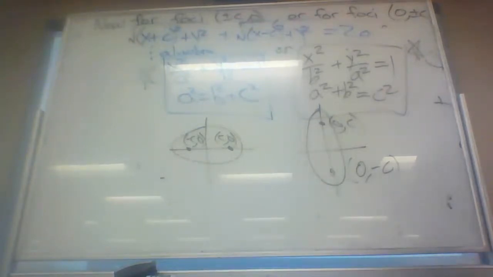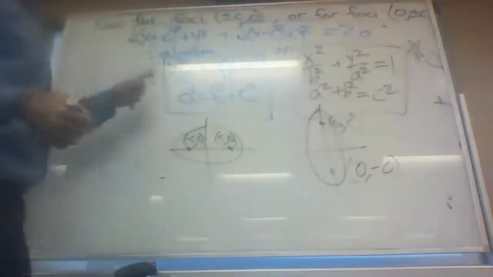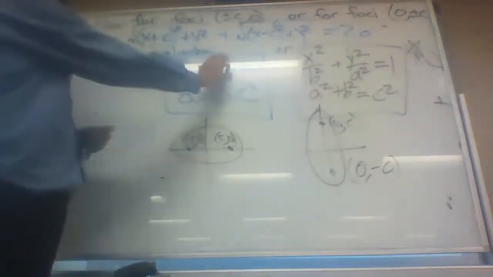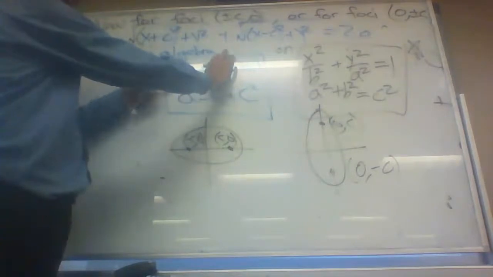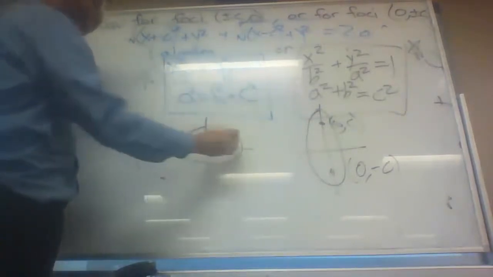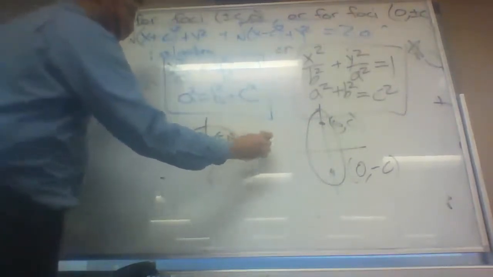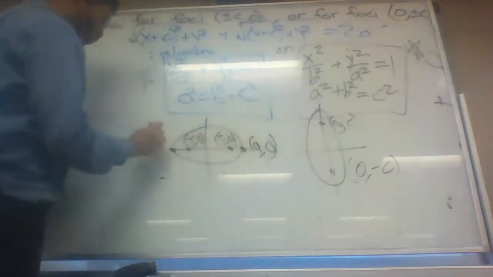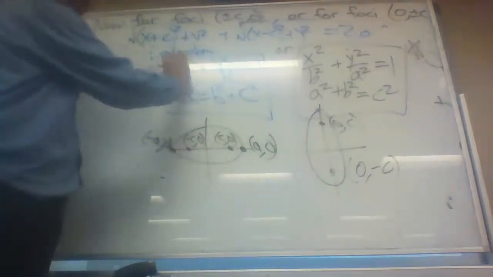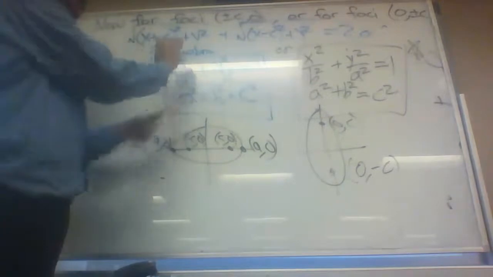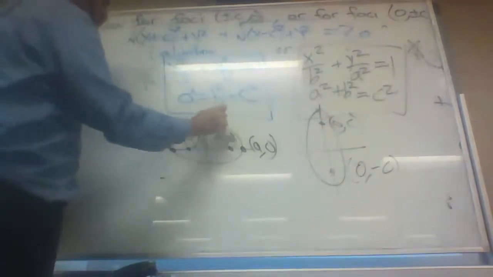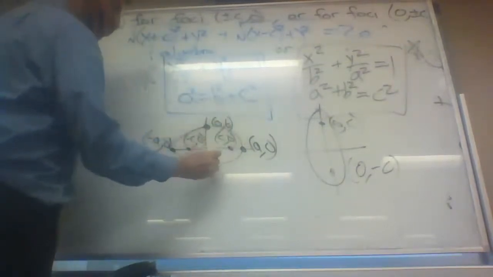Those are the standard equations for ellipses, and then you can figure out how to sketch an ellipse. Because what happens here is, if I put in y equals 0 in this equation, I get x equals plus or minus a. I get these two points here. These are called vertices, (a, 0) and (-a, 0). If I put x equals 0, then y has to be plus or minus b to satisfy this equation.